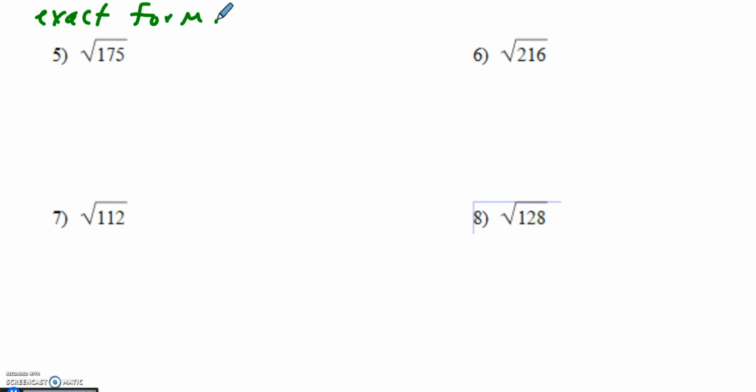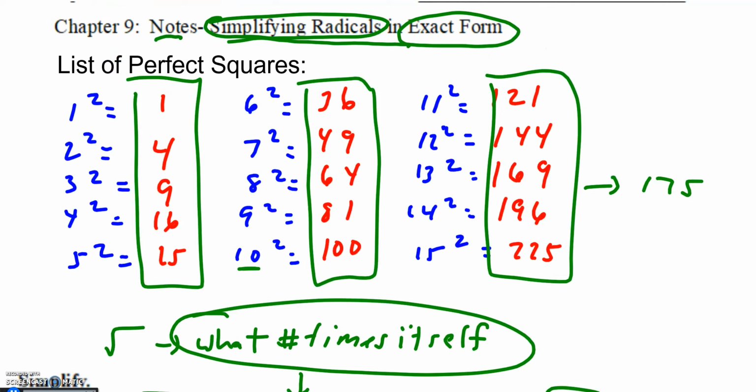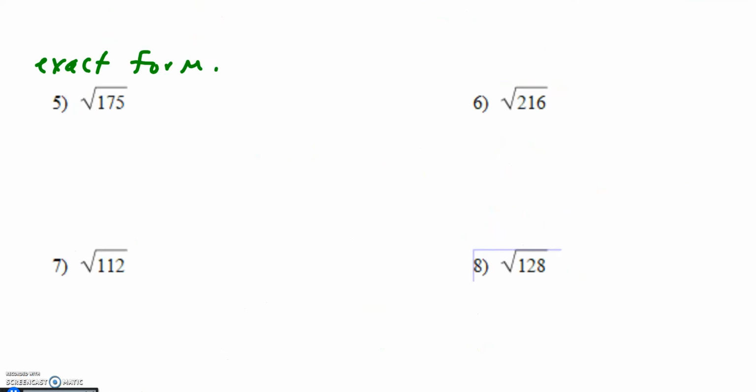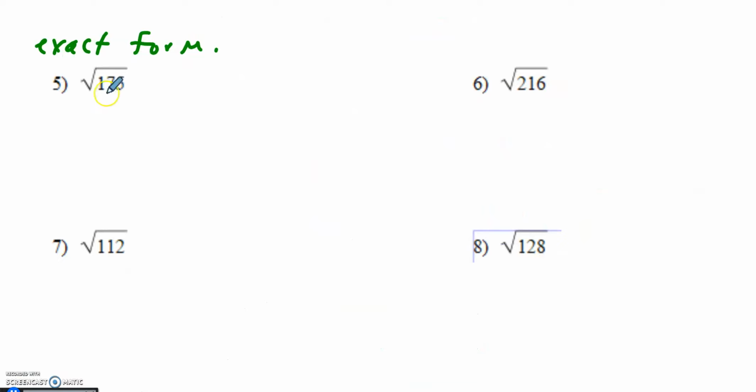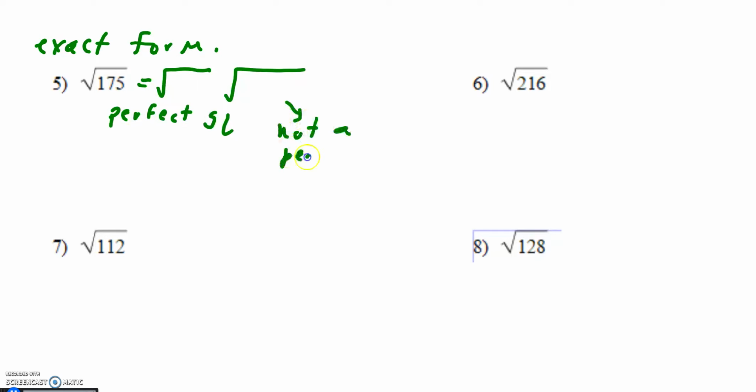Please make sure that when you're doing these notes, you have these perfect squares in mind the whole time, these red numbers. Your goal is to take 175 and not plug it directly in the calculator, but instead to split this number into one radical, which would be a perfect square, and the other radical that is not a perfect square.